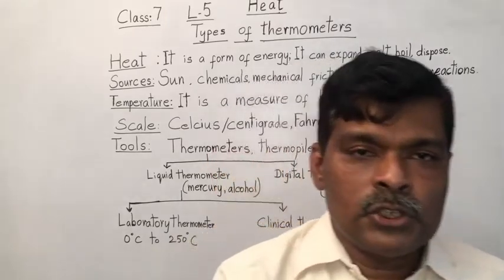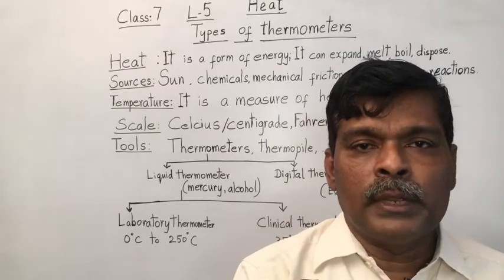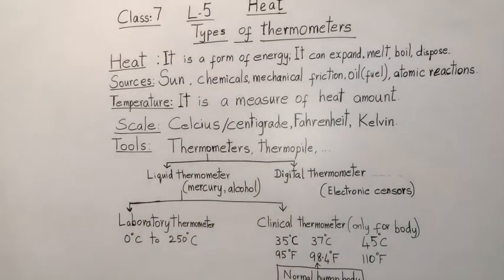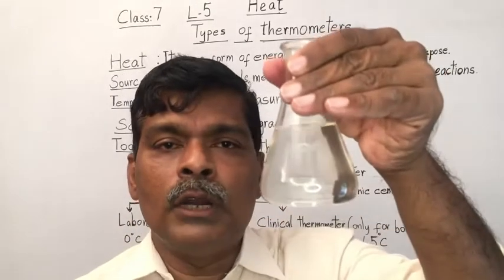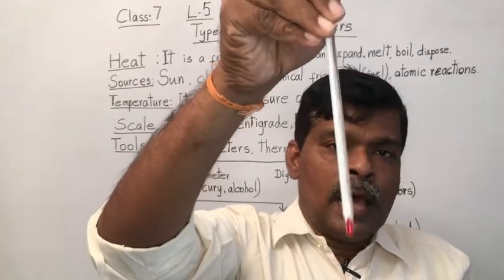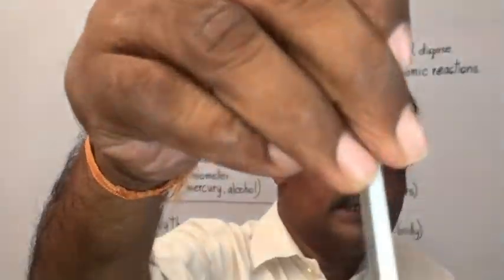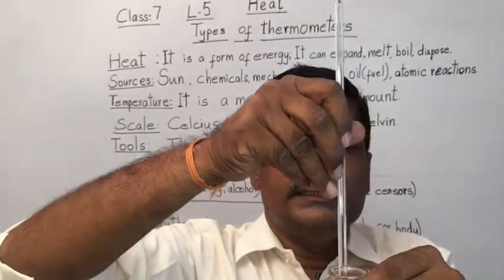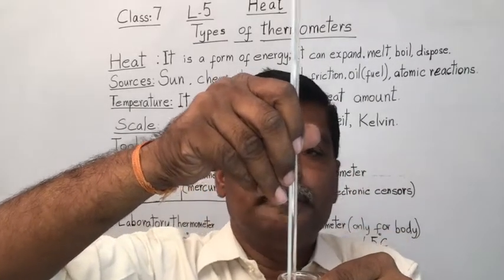Now, I will demonstrate how the lab thermometer works. We took hot water in the conical flask. I am inserting this lab thermometer. You see its reading is very low. When it is kept in that hot water, it is rising slowly.